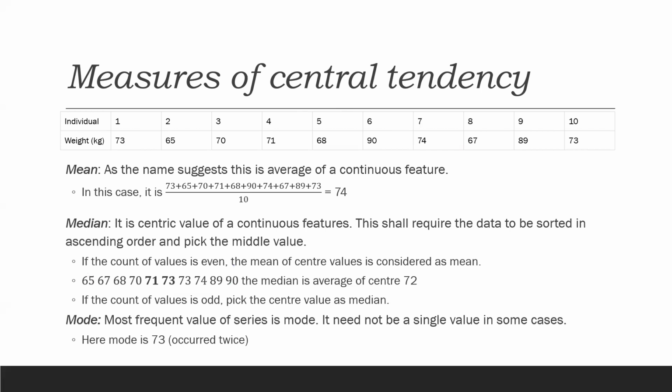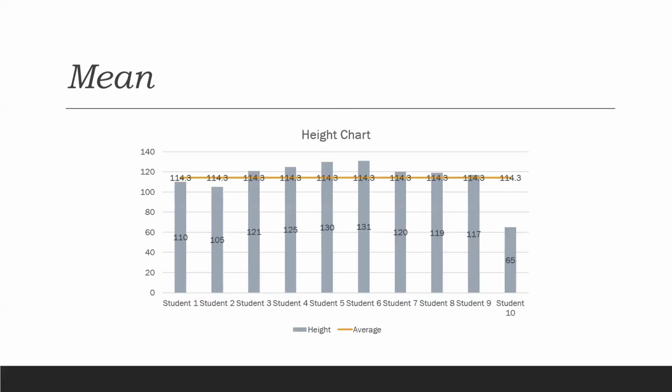The next step is about visualizing how the mean looks. Say, for example, we had 10 students and their height was captured. Let us say the heights were like this: 110, 105, and so on, and one particular person at 65. You can notice the average is around 114.3.